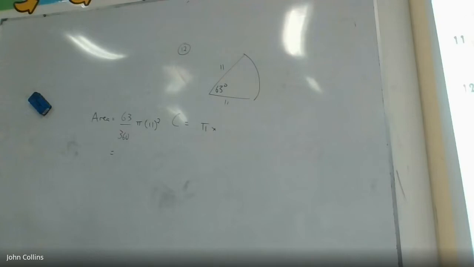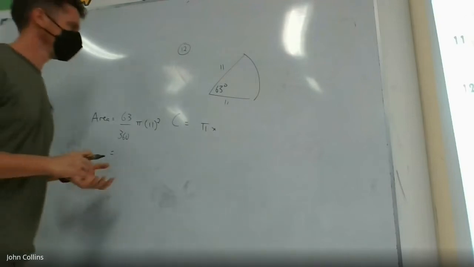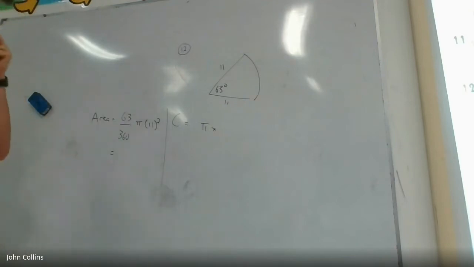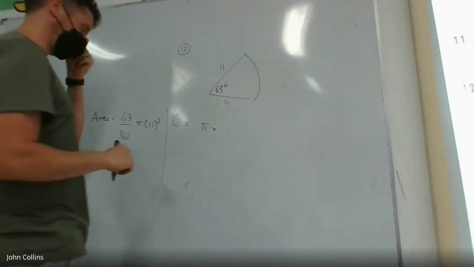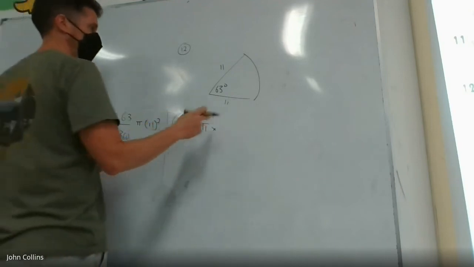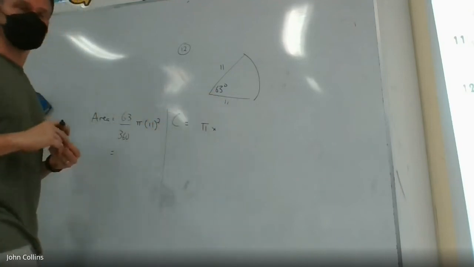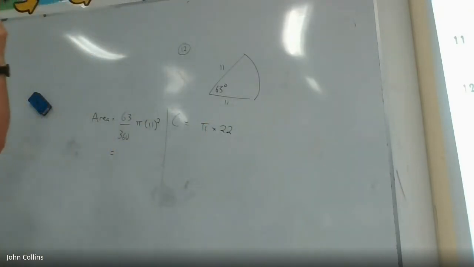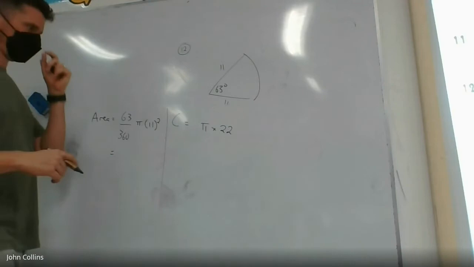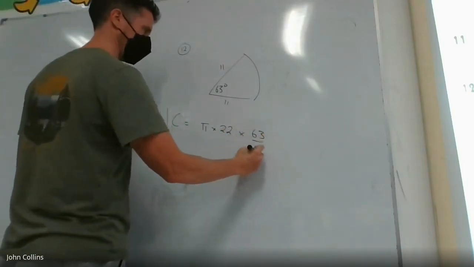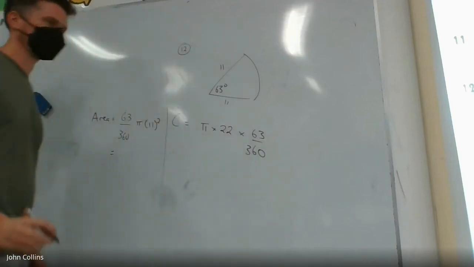And the circumference of a full circle, you could convert them into radians and use that formula, but I don't think it's necessary. Circumference of a full circle would be the diameter times pi, because that's 22, or 2 pi, 2 times the radius, if you want to do that. That's the full circle, and then also multiply by 63 over 360, because it's that fractional circle.